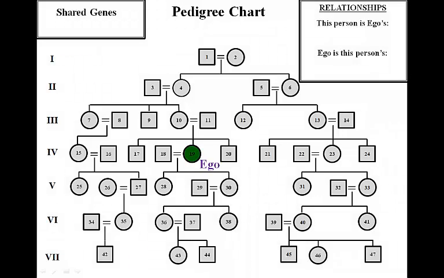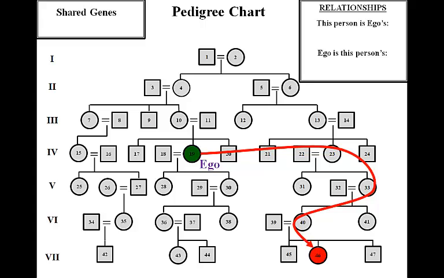Last example, designate ego 19 and ask the question, what's the relationship to individual 46? We see here that 23 is the second cousin of 19, and therefore their offspring will be 33 and then 40 and then again 46.